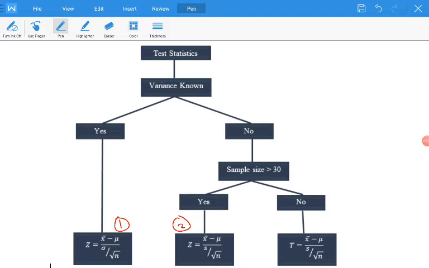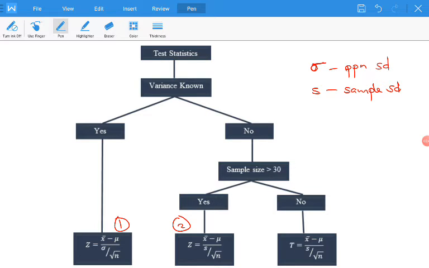On the first test statistic, we have the population sigma. Sigma is the symbol for the population standard deviation. And on the second test statistic, we have S, which is the sample standard deviation.